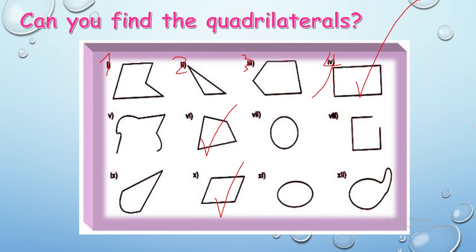What else? Is this a quadrilateral? No, because it's an open one. Is this a quadrilateral? No, because it has 1, 2, 3, 4, 5. Yes, there are only 3 quadrilaterals here.